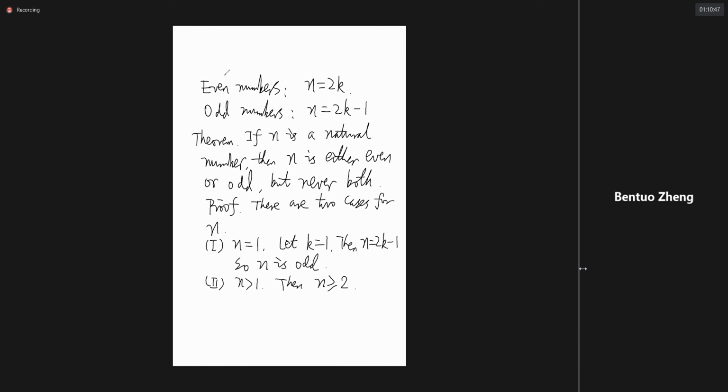Okay, when n is greater than or equal to 2, recall we proved the division algorithm for natural numbers. So you have two natural numbers now: one is 2, the other one is n.